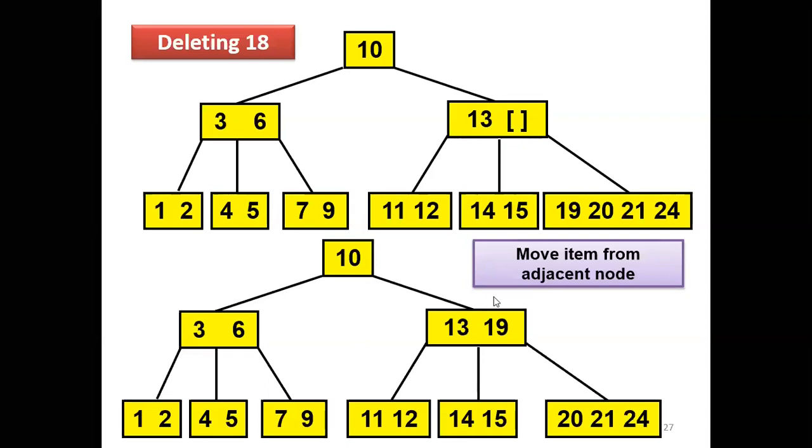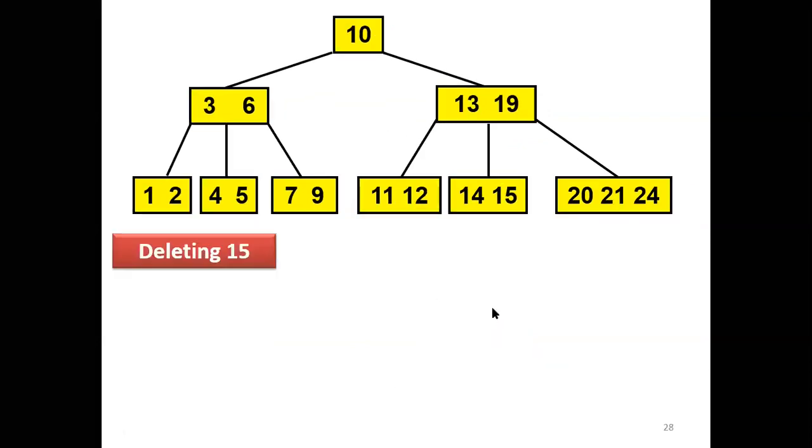Then the next data item is 15. So where is 15? This is the location of 15. This 15 is located at the leaf node. But if we delete 15, we're going to have only 1 data item, which means that we need a data item to replace the position of 15. So where can we borrow?